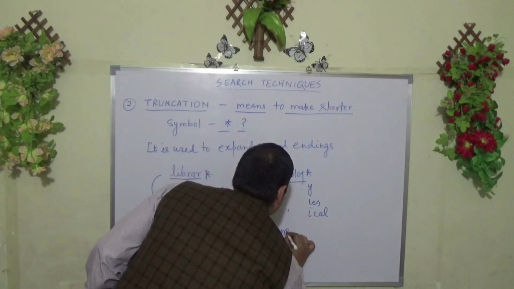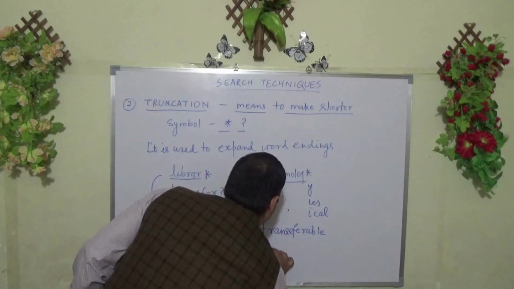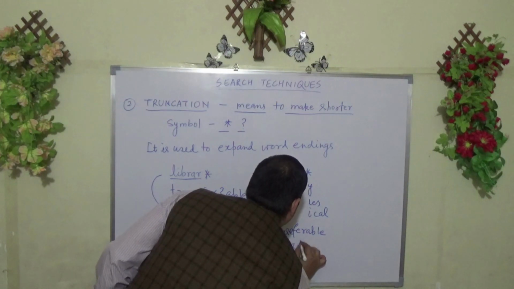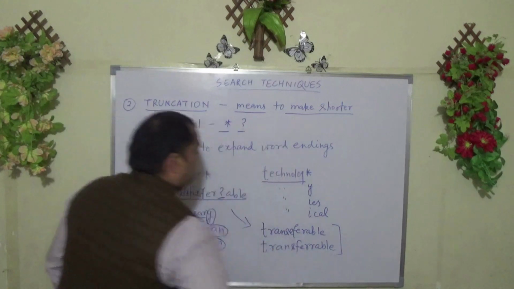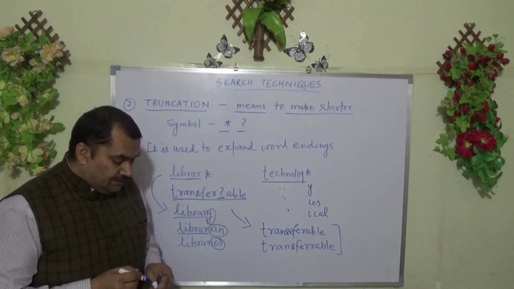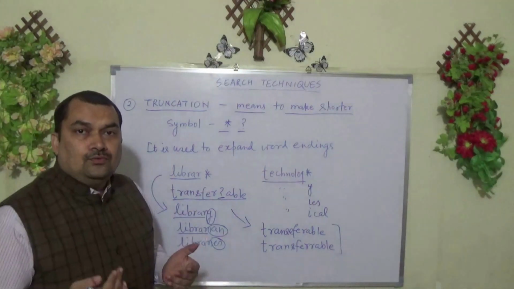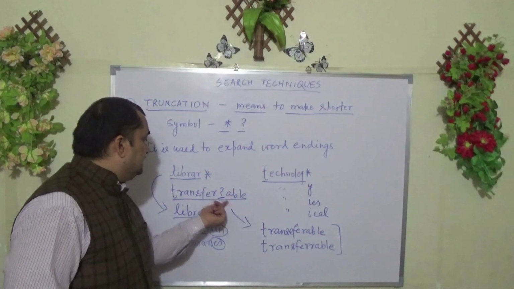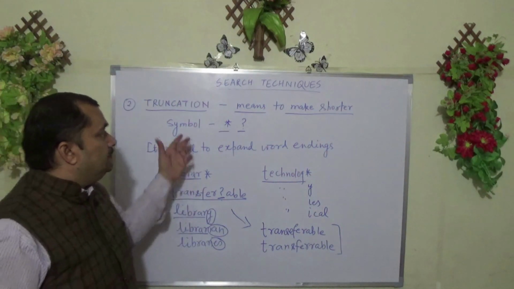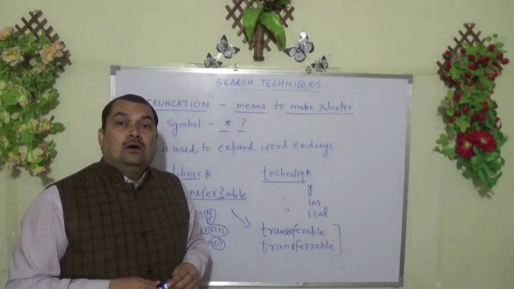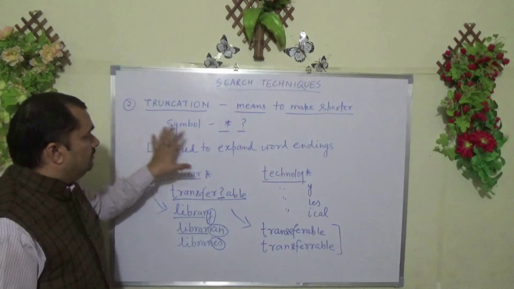It can give you transferable, one word, and the other one it can give transferable. So this can be used when we are not sure about that particular word and want to predict what can be the letter here. So using truncation, sometimes we get a lot of information, or sometimes we are not aware of something, so we get the information about that.